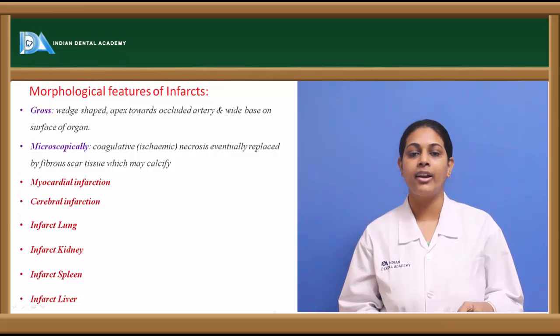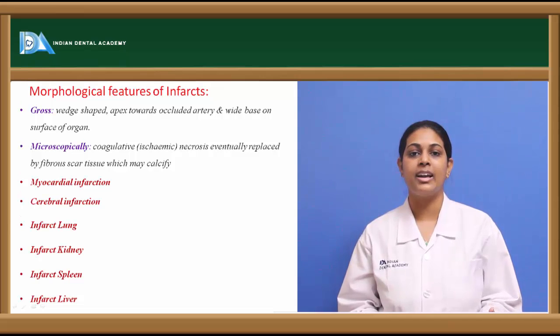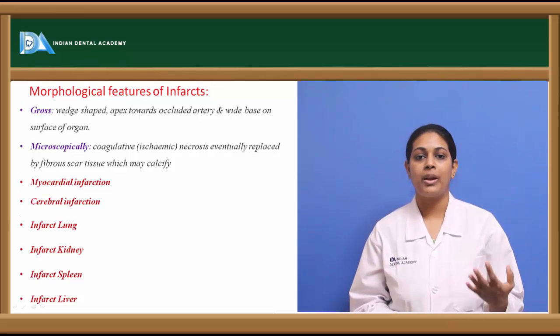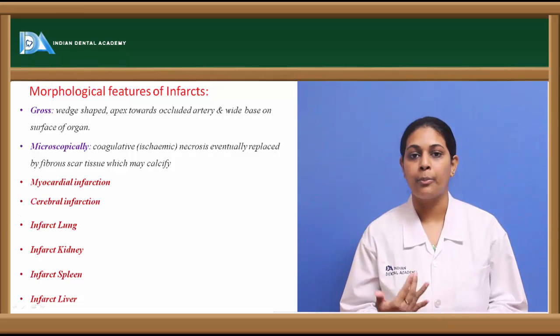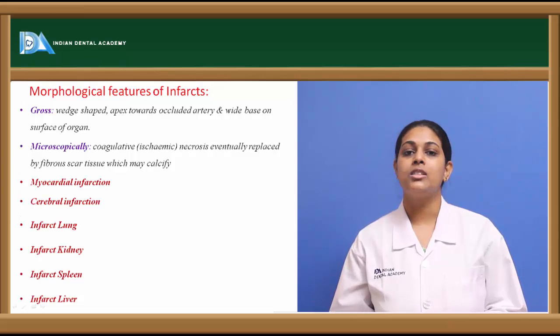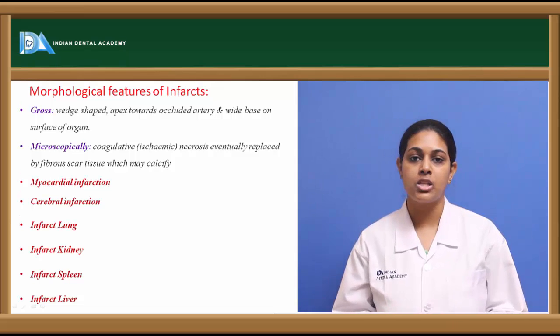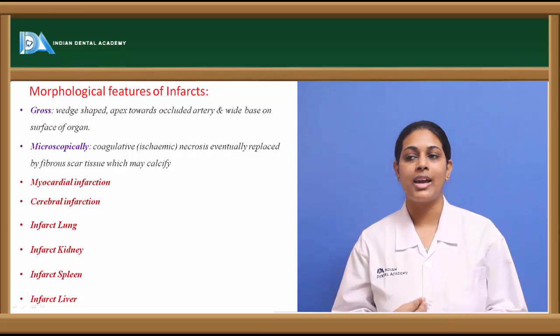That is, we find formation of granulation tissue along with collagen fibers, and hyalinization of this fibrous tissue can also be seen, which implies that it is scar tissue. If it is not removed in an appropriate time, this might further result in calcification, that is, deposition of abnormal calcium salts and minerals on this fibrous scar tissue.